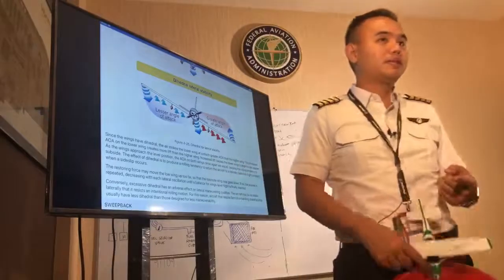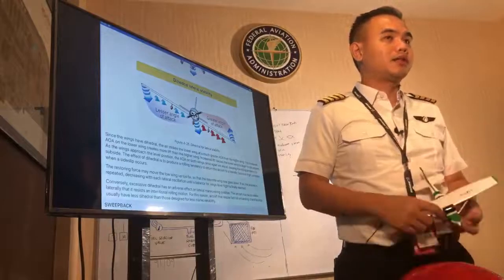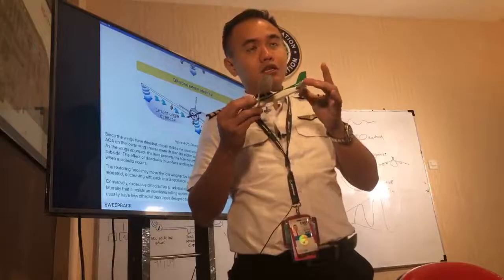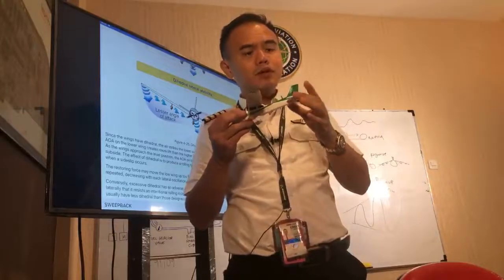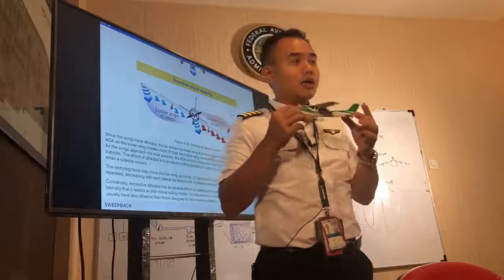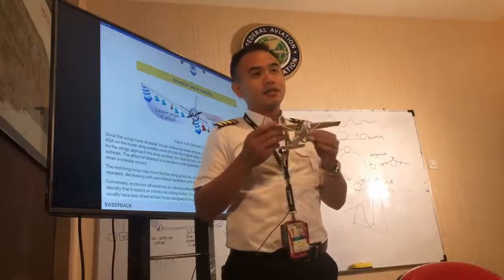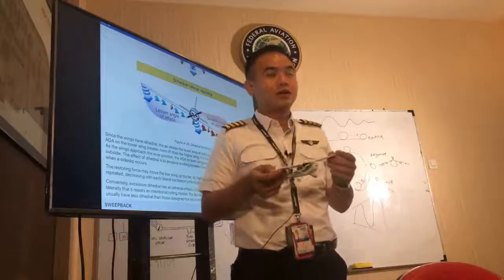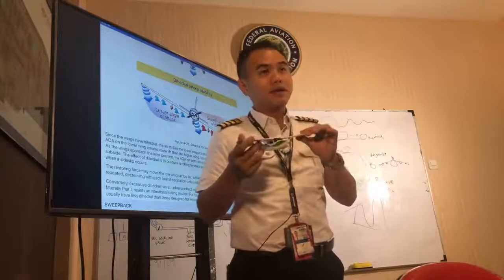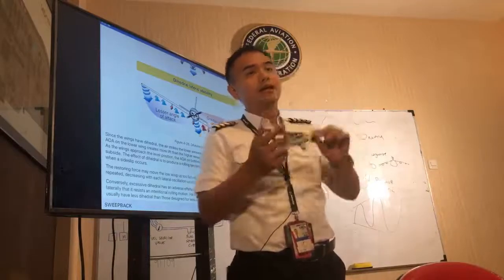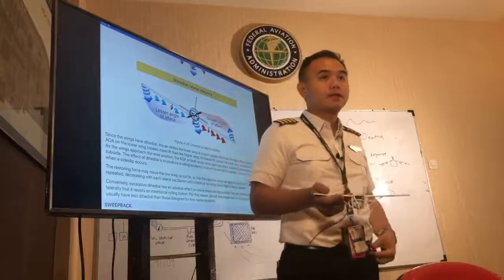So what kinds of stability do we have? The pitch stability: when we put the CG in front, together with the horizontal stabilizer, we use this for pitch stability. And when we talk about roll stability, we have the principle of pendulum on the high wing and the dihedral effect.